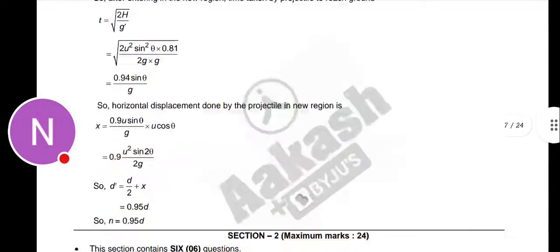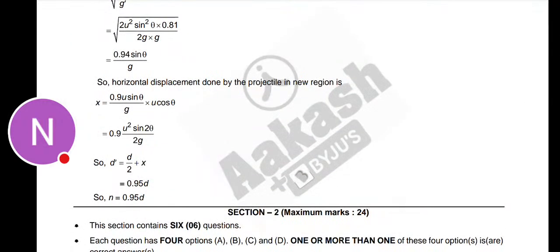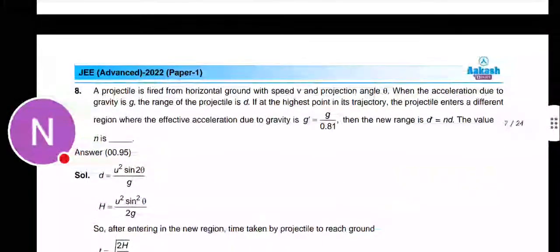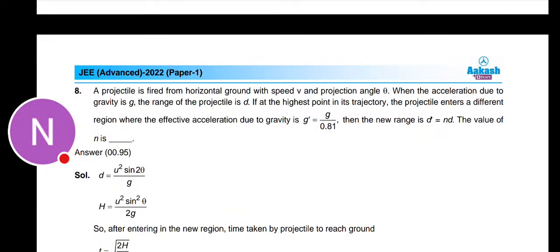The horizontal displacement done by the projectile in the new region is 0.9 u sin theta by g into u cos theta, that is 0.9 u square sin 2 theta by 2g. So d prime is equal to d by 2 plus x, that is equal to 0.95 d. So n is equal to 0.95. So 0.95 d is the answer for question number 8.